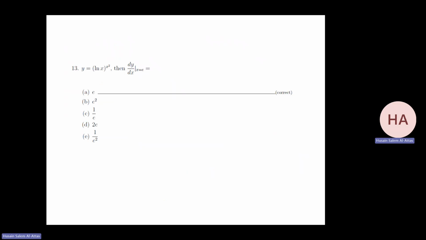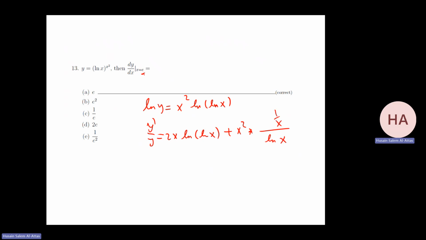Okay. Take ln of both sides. And I need to find the derivative at e. So I have ln y, ln x. Differentiate. Y prime over y equals x ln x plus x squared times, here I have ln x, and here I have 1 over x. Now, y at a will be ln a to the power a squared, which is 1 to the power a squared, which is 1.